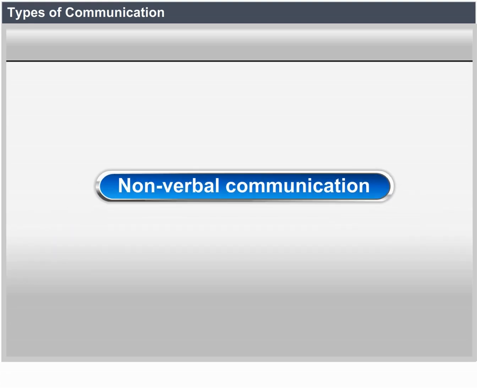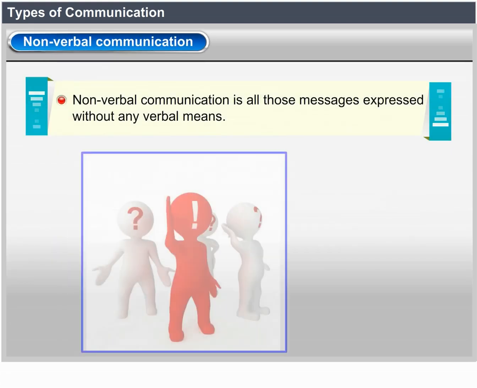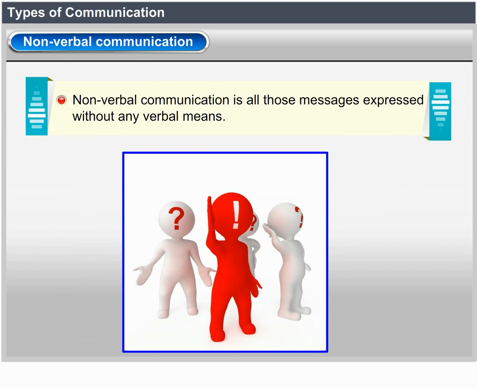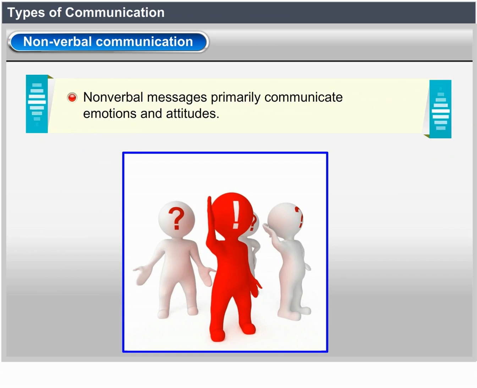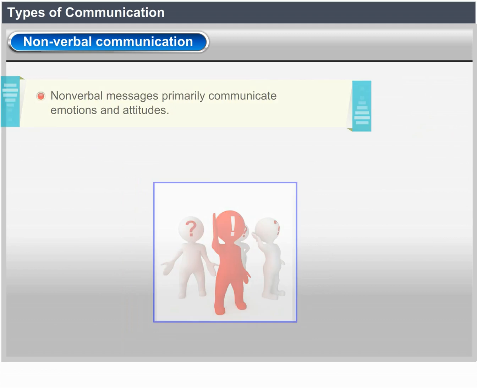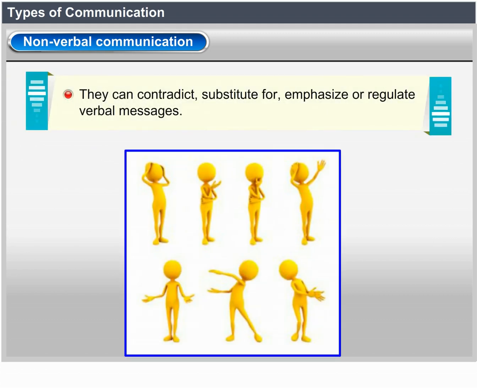Types of communication. Nonverbal communication. Nonverbal communication is all those messages expressed through non-linguistic means. Nonverbal messages primarily communicate emotions and attitudes. They can contradict, substitute for, emphasize, or regulate verbal messages.